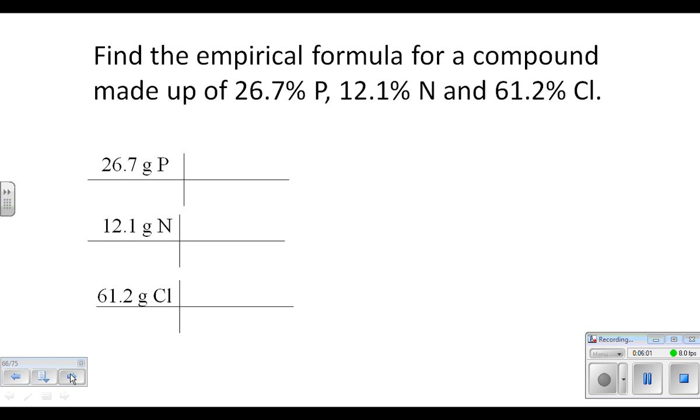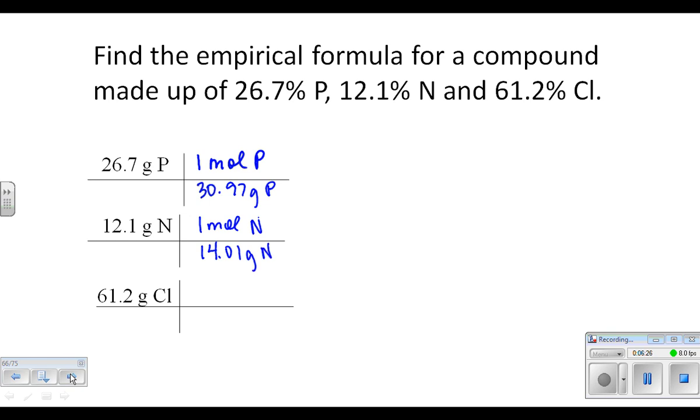Okay. Then I would want to change, so I did percent to mass, now I need to do mass to moles. So I would take my 1 mole of phosphorus, and I'd look that up on my periodic table, which would be 30.97 grams. Then I would say for every 1 mole of nitrogen, it's 14.01 grams.